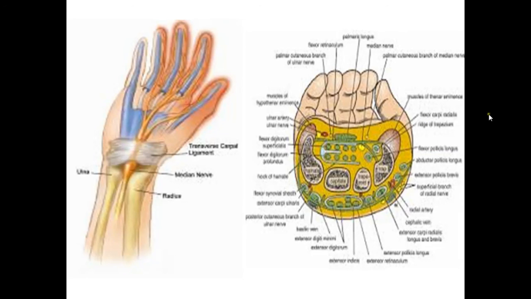Okay, another picture that shows the flexor retinaculum, the passage of the superficialis and profundus tendons, flexor carpi radialis, flexor pollicis longus, and the median nerve.